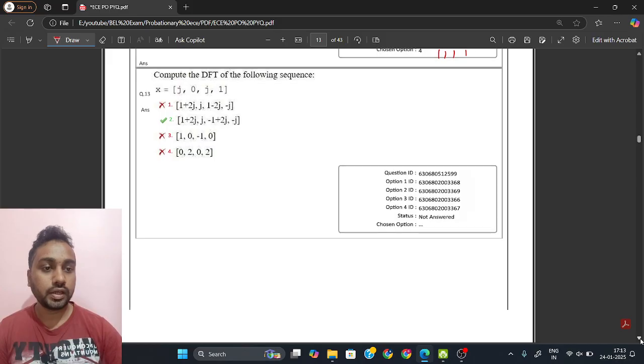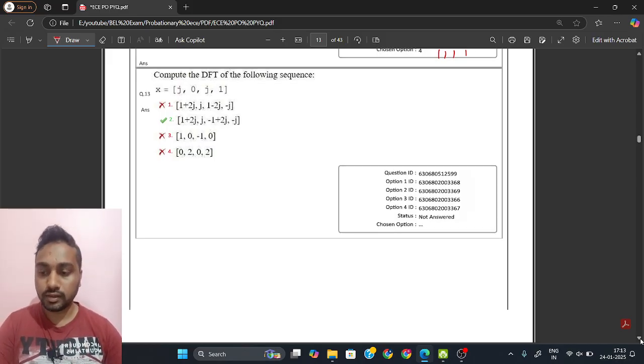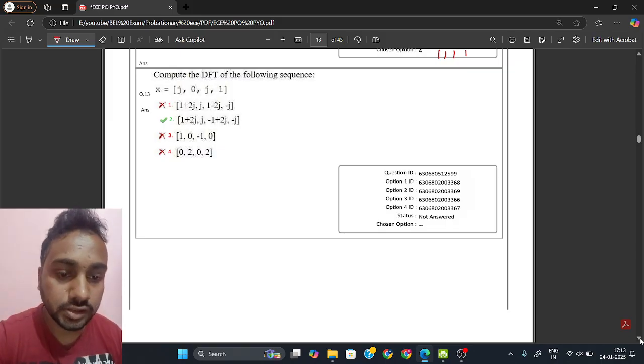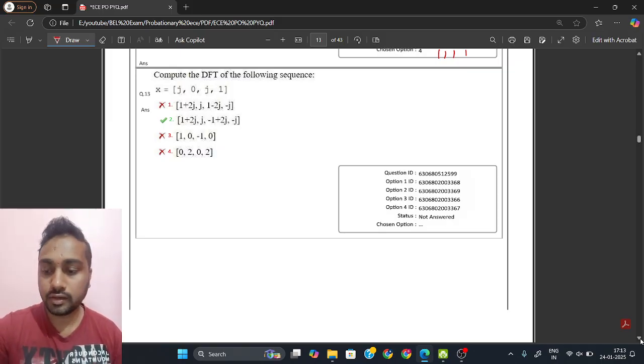Now compute the DFT of the following sequence. We have one sequence and we have to find its DFT. DFT means Discrete Fourier Transform.